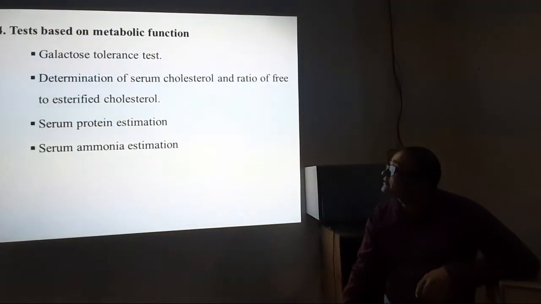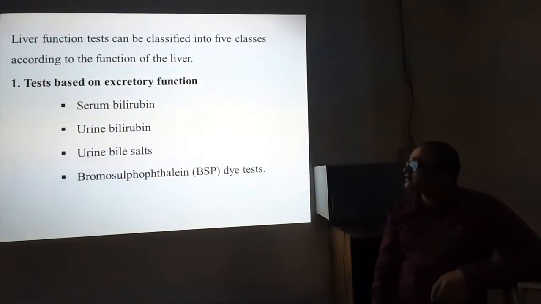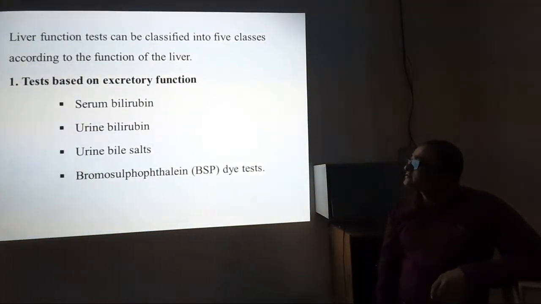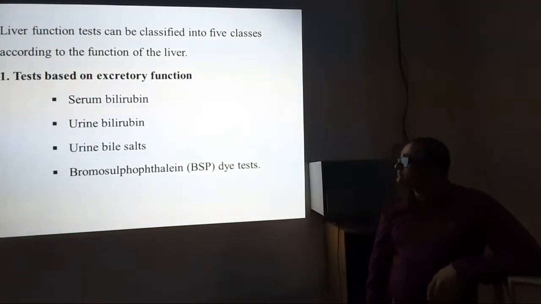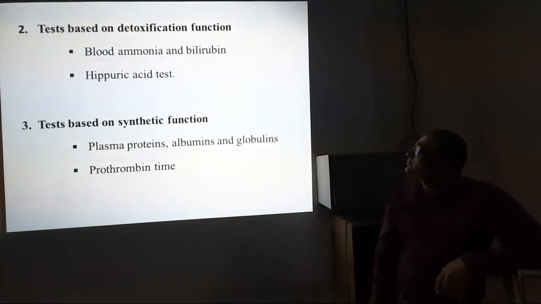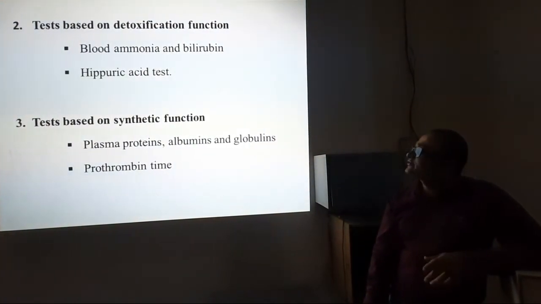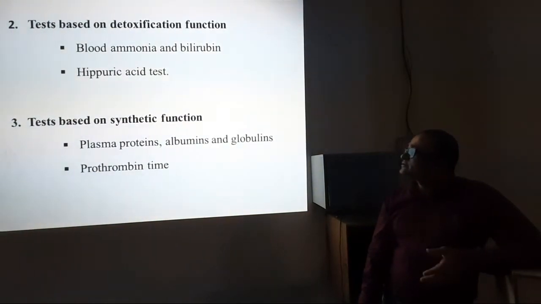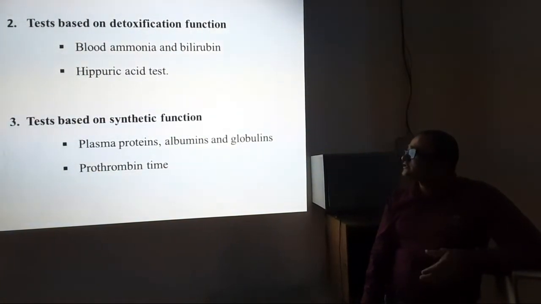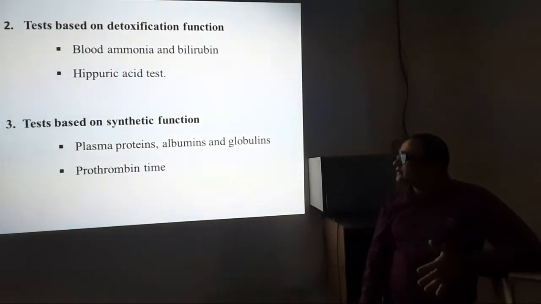I will once again revise what the group of tests are. The first are tests based on the excretory function: serum bilirubin, urine bile salt, bromosulfophthalein dye test. Second is blood ammonia, bilirubin and hippuric acid test, based on the detoxification function. Then the third group is tests based on the synthetic function: the plasma proteins, albumins and globulin, and the prothrombin time.